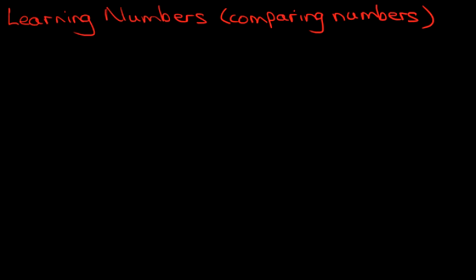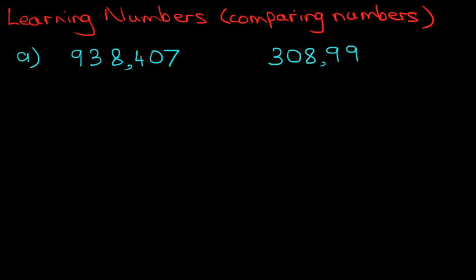Suppose, let's just write down A for the first example. We've got these two numbers. Put a comma here. And the other number is... so those are our two sets of numbers.